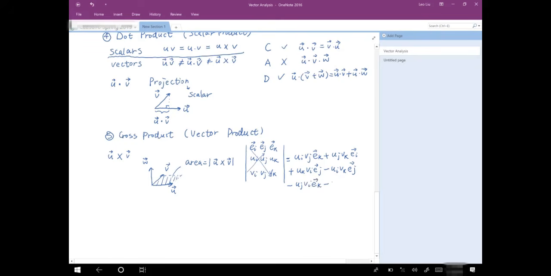Then minus UK, VI, EI. And you will see that now, this is the addition of several vectors. So vector, vector, vector, we add them up, we still get a vector, right?